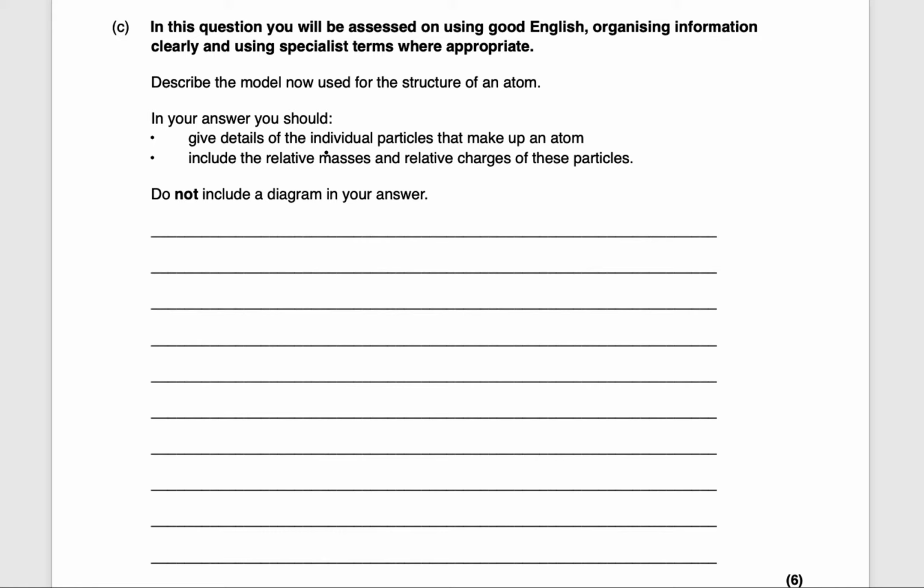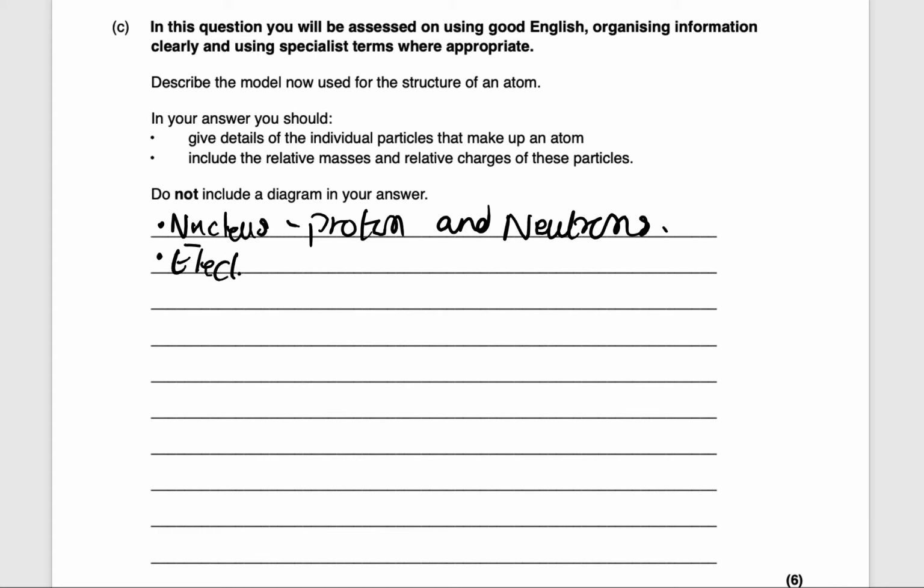So let's start off. What does the atom include? Well, the atom has a nucleus, and it contains protons and neutrons. Okay, now around the nucleus are the electron shells, and they orbit the nucleus.